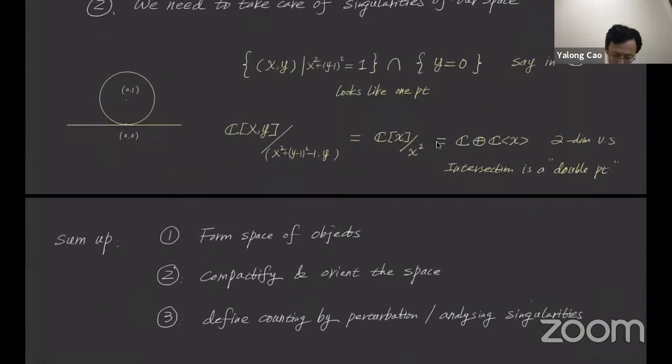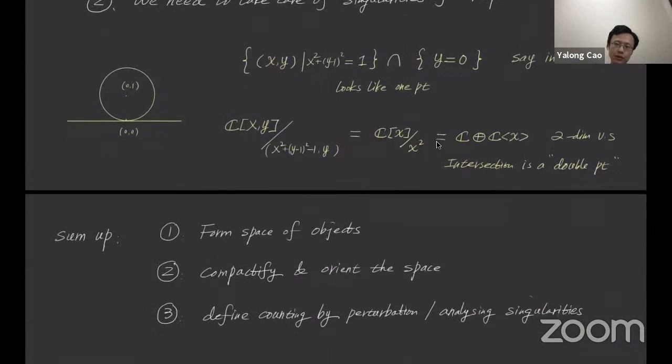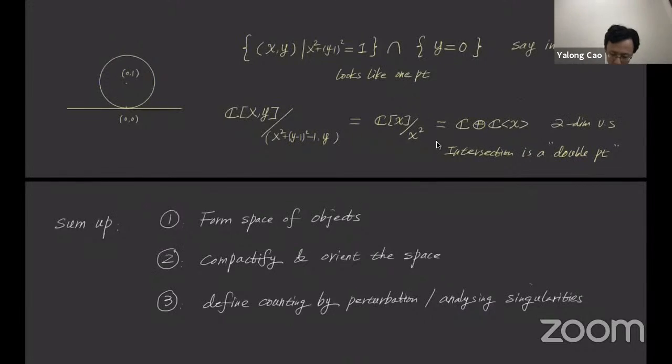So to sum up, the way we do this enumerative geometry is, first, we form the space of objects we are interested in. Then we compactify this to ensure that we have a finite number of things to count. And then we orient the space to ensure that we have a nice deformation invariant property.